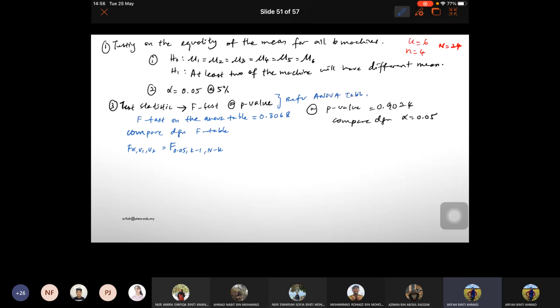So boleh ambil F 0.05, 6 tolak 1 is 5, 24 tolak 6 is 18. Cuba tengok sama dengan berapa, boleh tak refer dekat Anova Table for this one?